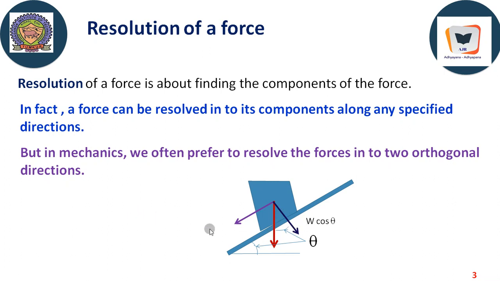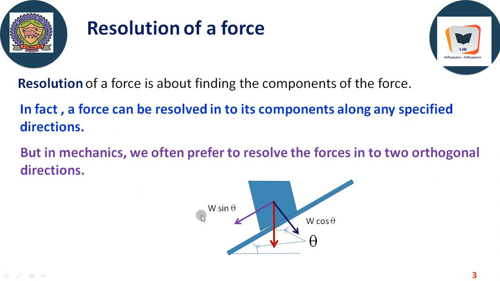This is W cos theta and this is W sin theta, because theta is the angle of incline, and it is W sin theta which is making this particular block move down the incline. The component which is perpendicular to the incline will make this block sit a little tightly over the incline.